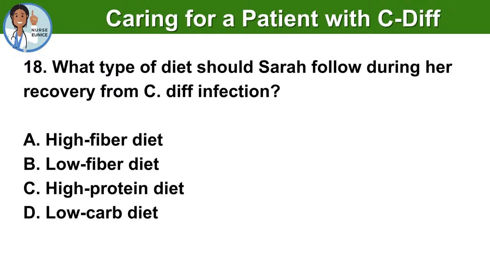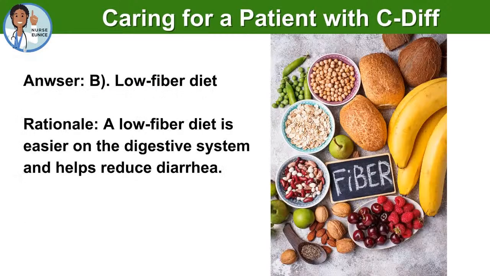This one's tricky. I see A's, I see C's. So this one is tricky because we need her to have a low fiber diet. You all know that fiber helps people have bowel movements, right? And she just had a whole bunch of bowel movements. So what she doesn't need right now is high fiber.